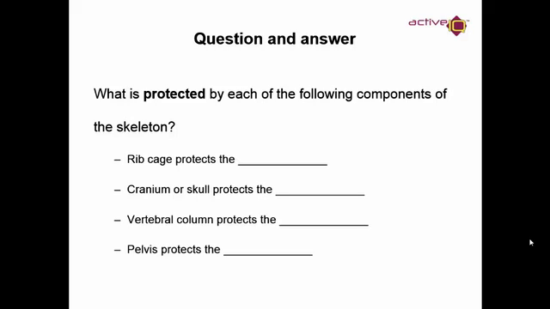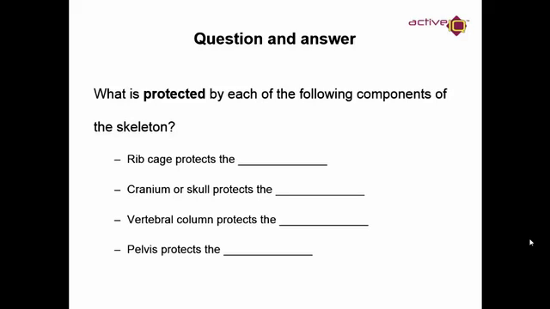We then have the pelvis. Think about the location of the pelvis, and what the pelvis does is it protects our reproductive organs. So the easiest way that I like to think about this is that if we were a caveman, if we went back in time, the skeleton protects all the things that are essential for human life. Ribcage protects all of those vital internal organs that we need to survive.